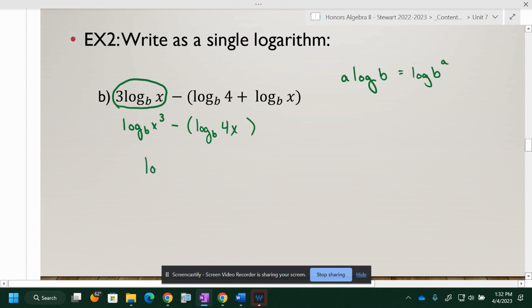So I'm going to write this all as one log. X cubed is on top because it comes first, and then 4x goes on our bottom. X cubed and x can simplify. And that's the whole point of combining these logs, is to make sure that we simplify our problem. And that'll be our final solution.